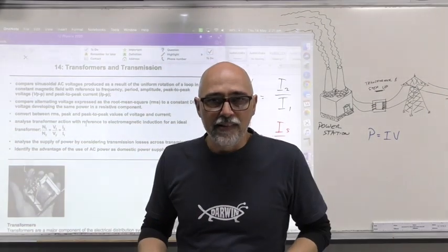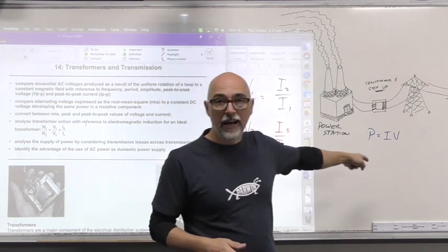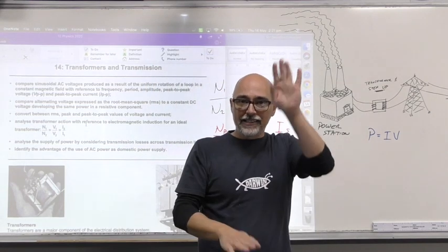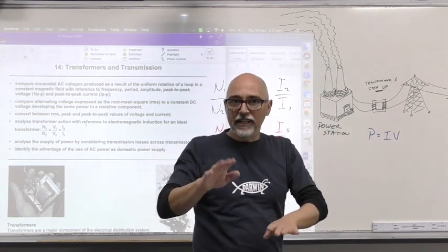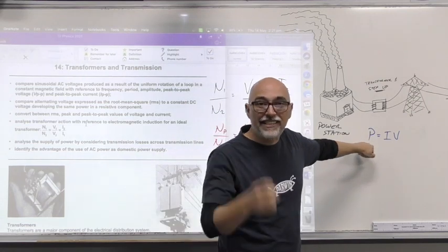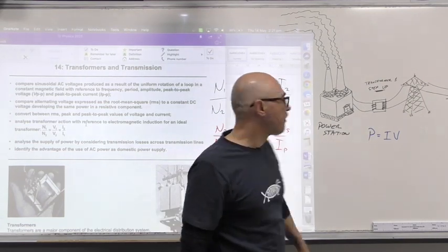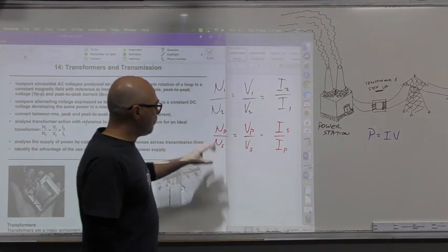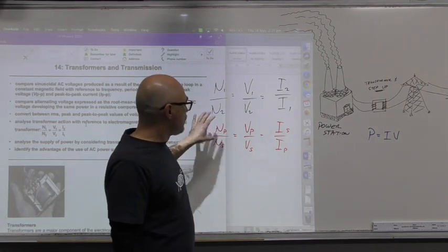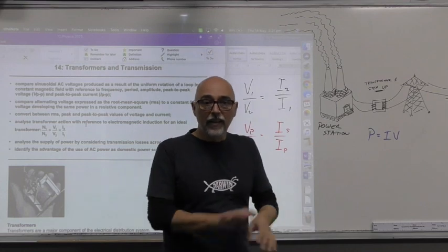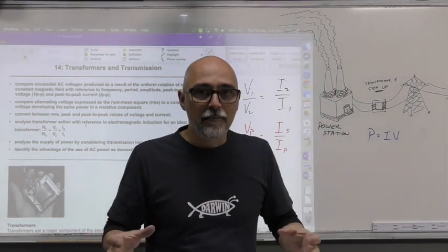So that makes sense there in the context of power equals IV, where one has to go up if the other one comes down because you are providing a set amount of power, all right? Okay, so whereas the number of turns to the voltages, they are exactly in the same ratio.